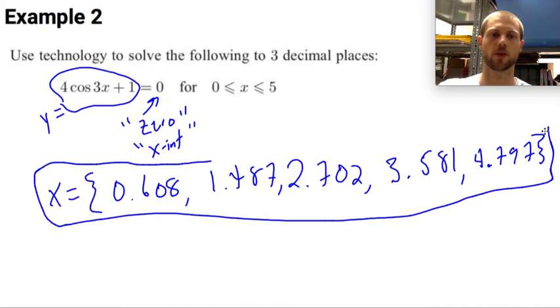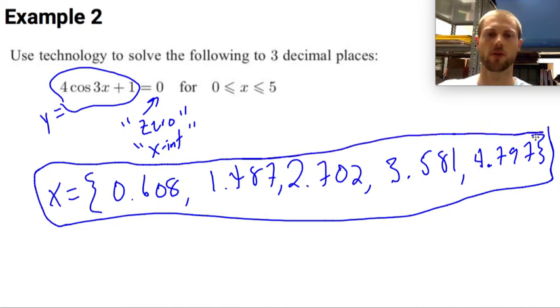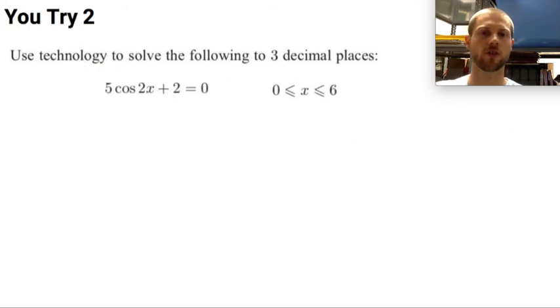X equals 0.608, 1.487, 2.702, 3.581, and 4.797. So again, just using the calculator as a tool. We just need to know how to push those buttons and know when we're using what functions, and we should be fine.